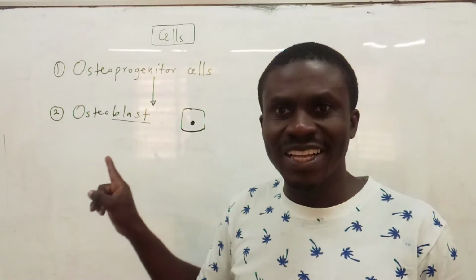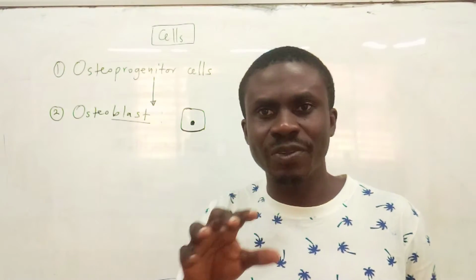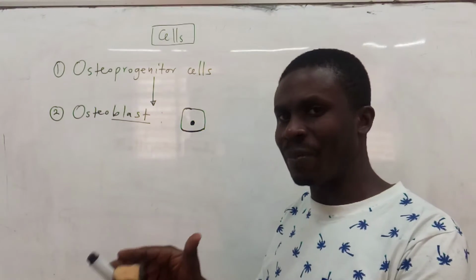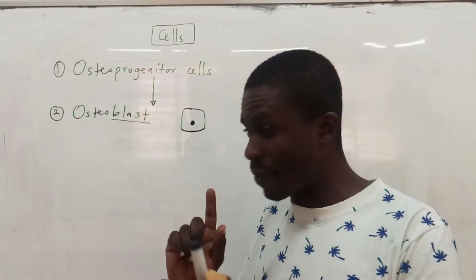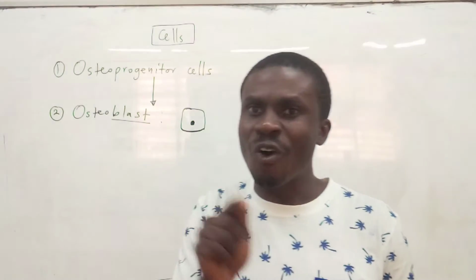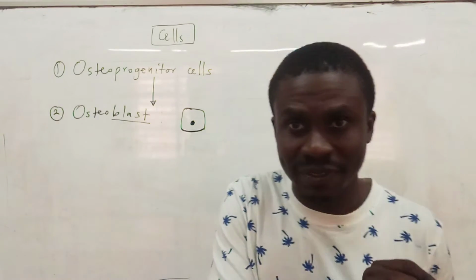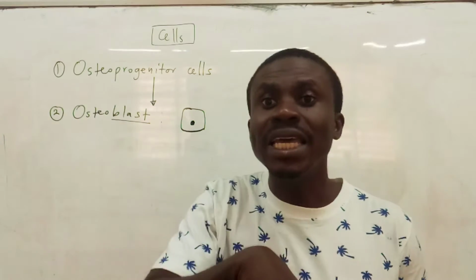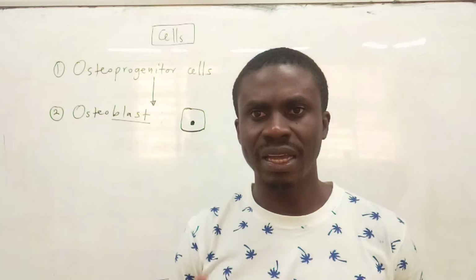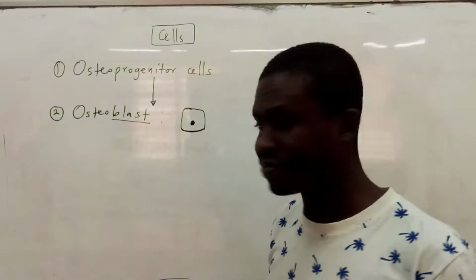Okay, now one other thing I want you to be aware of is that this cell, because we said that after making the osteoid, remember osteoid is the uncalcified or unmineralized extracellular matrix, you have to lay the mineral, the hydroxyapatite.